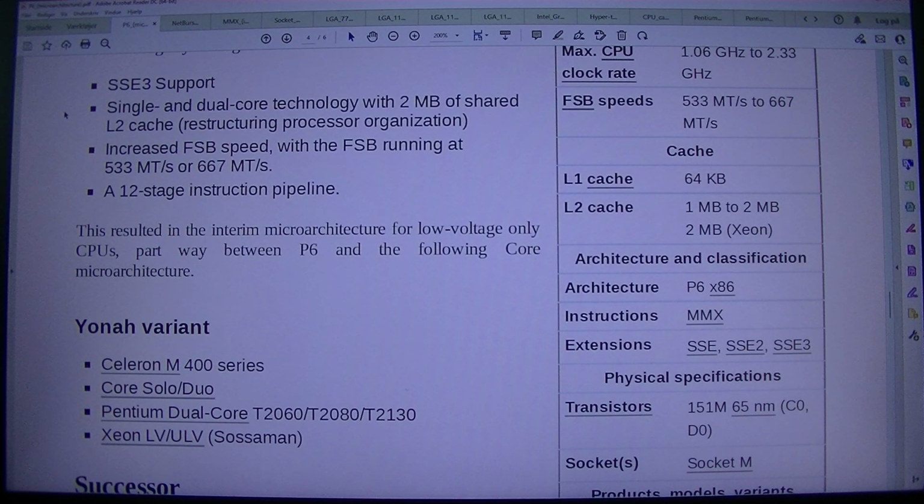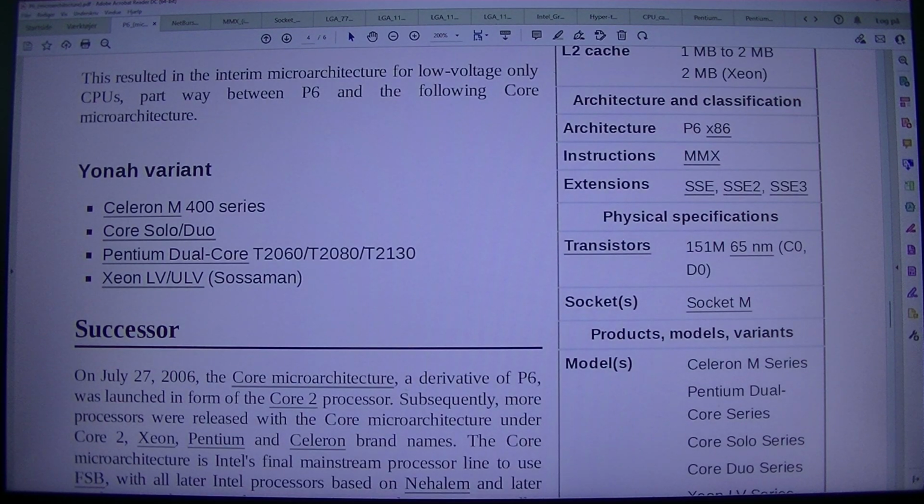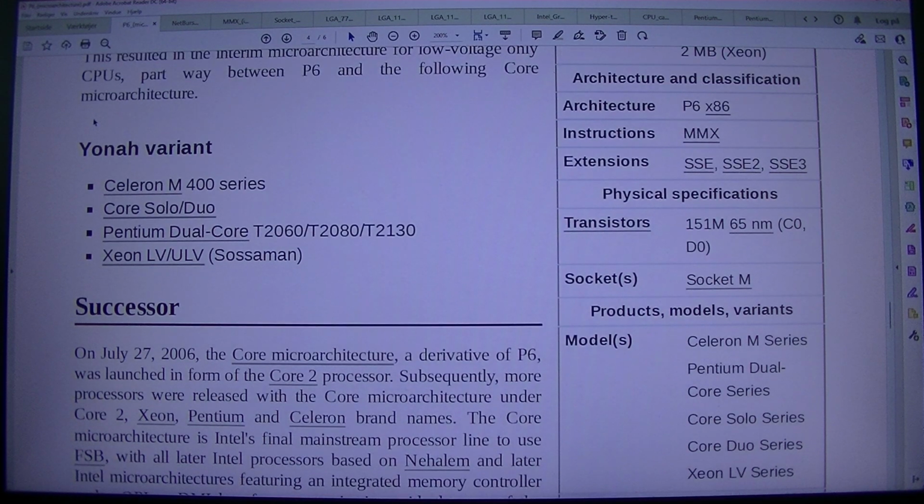Increased FSB speed, with the FSB running at 533 MT/s or 667 MT/s. A 12-stage instruction pipeline. This resulted in the interim microarchitecture, partway between P6 and the following Core microarchitecture.